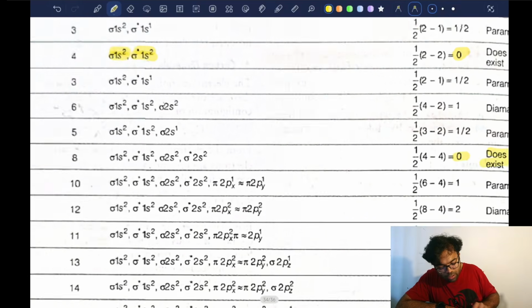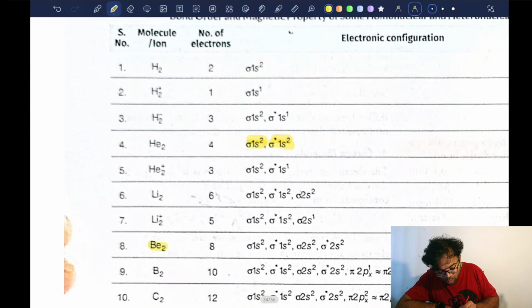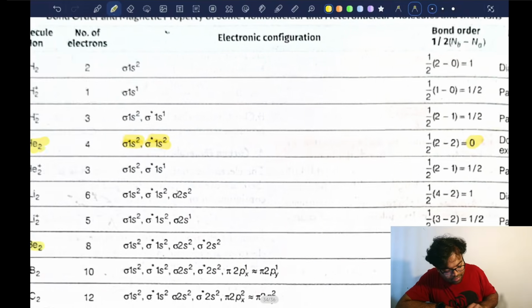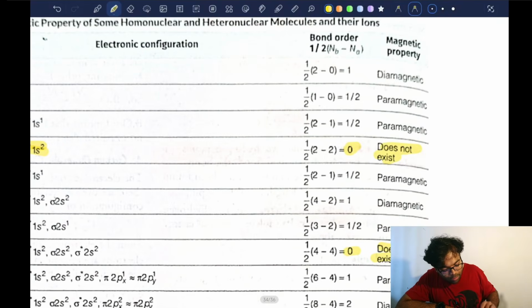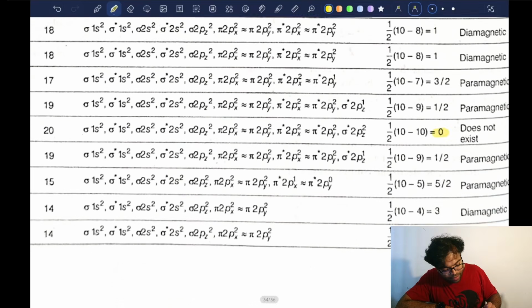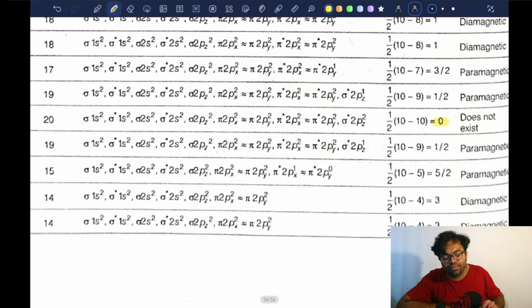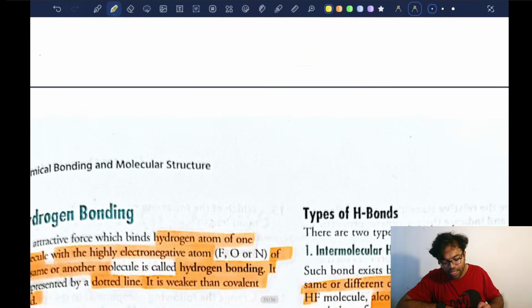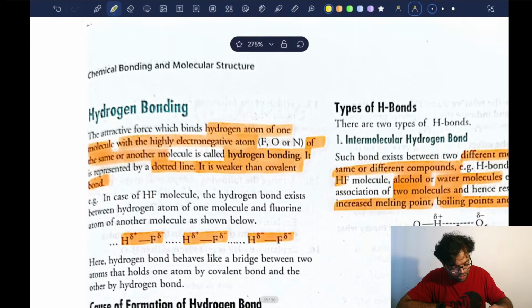Okay, these are the molecules that do not exist. He2 molecule will not exist, because again the bond order is 0. So, if you just remember these three, it is more than enough: Be2, He2, and Ne2. So these type of molecules do not exist in nature.